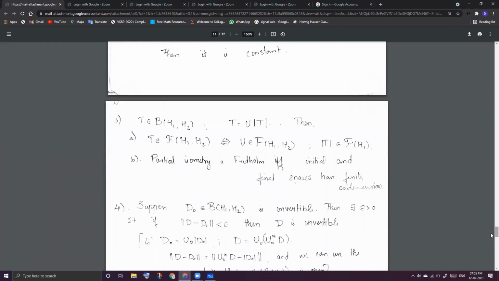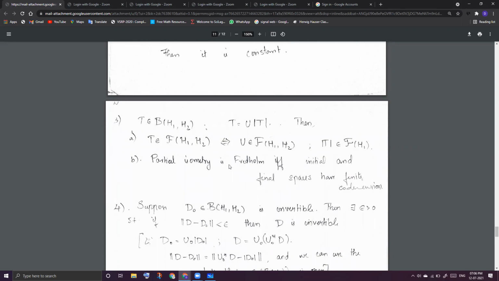There are some other results, some exercises mentioned again. If T is an operator and U mod T is the polar decomposition, then T being Fredholm is equivalent to saying that U and mod T are both Fredholm.